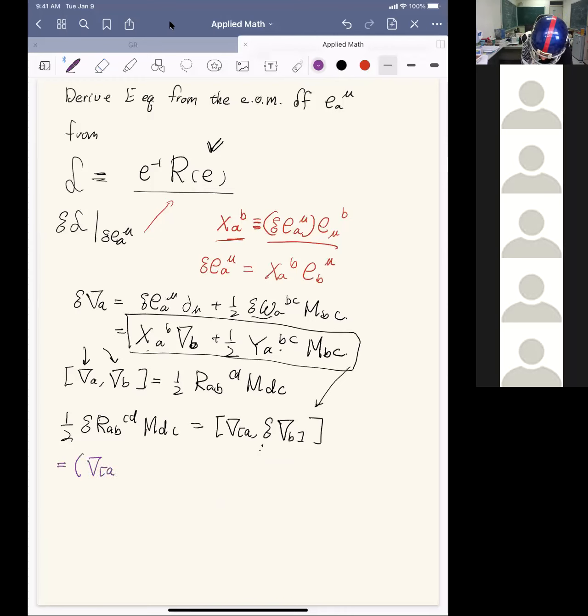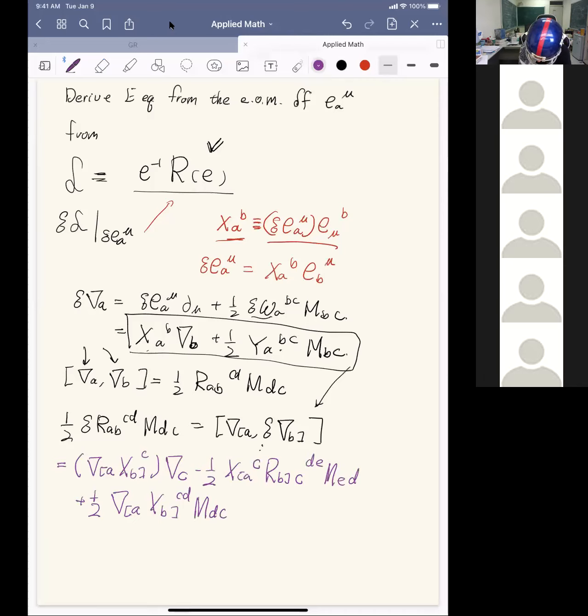It's just going to equal ∇_a X_bc ∇_c minus 1/2 X_ac R_bcde M^ed plus 1/2 ∇_a X_bc M^dc plus Y. Sorry, this is Y, not X. So of course, this is Y, plus Y_abc ∇_c.